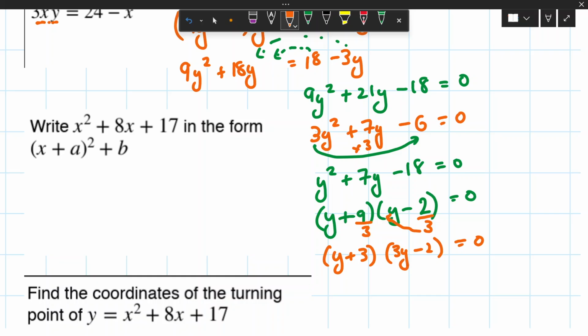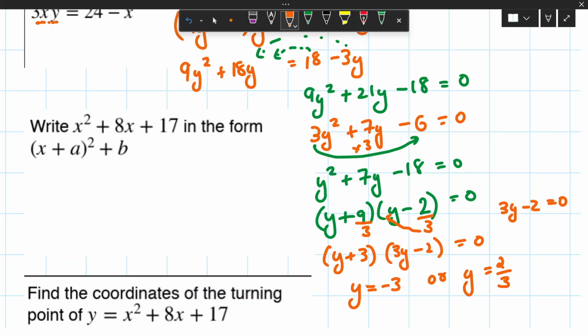And now we get the two factors, which means we could now figure out that y is equal to minus 3 or y is equal to, so how do I get the next one? I can say 3y minus 2 is equal to 0, which means y is equal to 2/3.